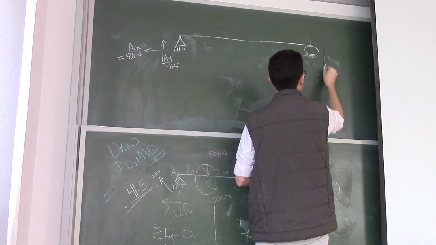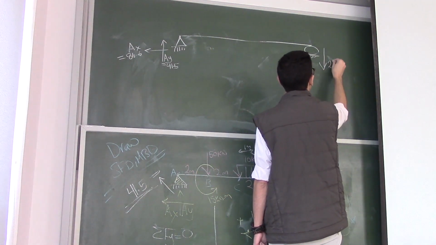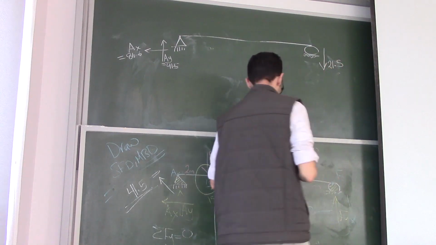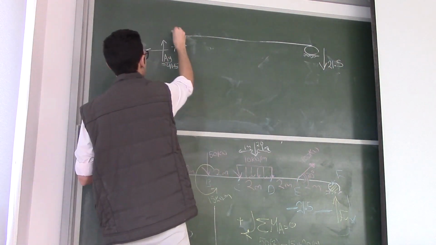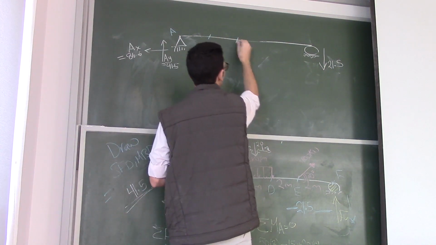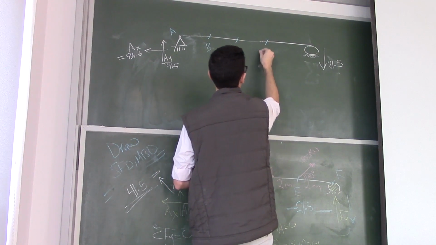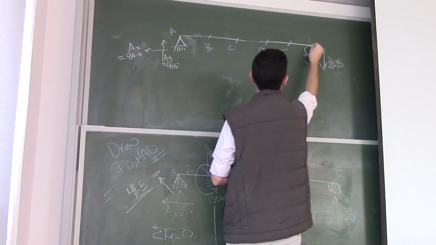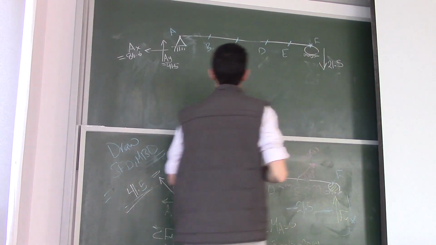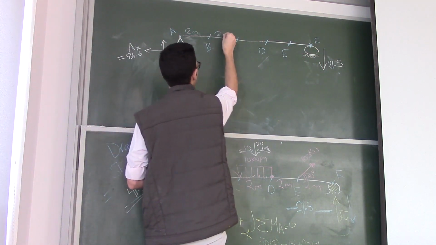For Fy, it was like this. Fy will equal 21.5. So this is it. And this is the point A. There is point B, point C, point D, and E, finally point F. The distance between any 2 points was 2 meters.